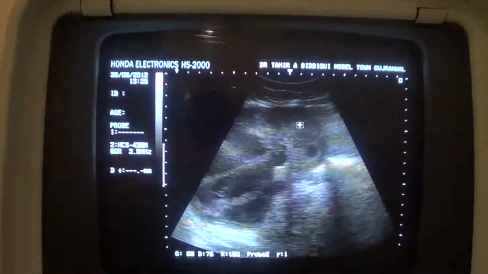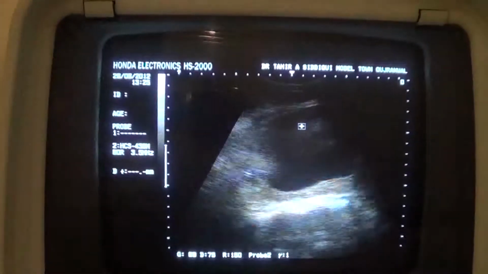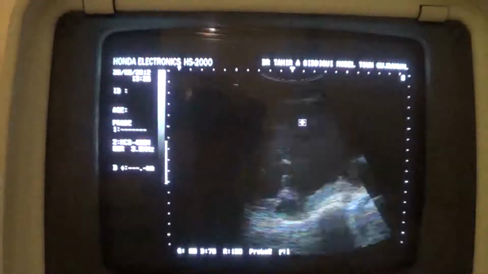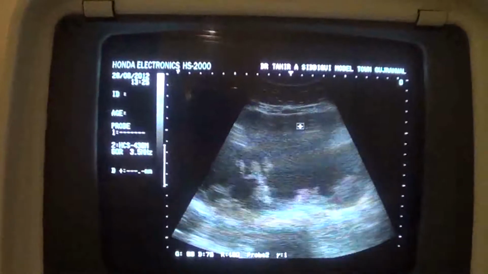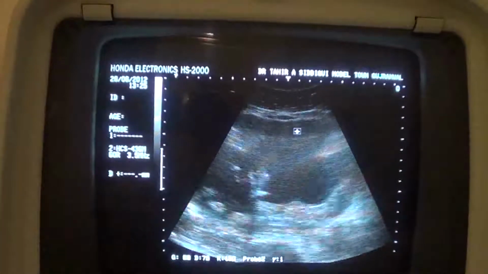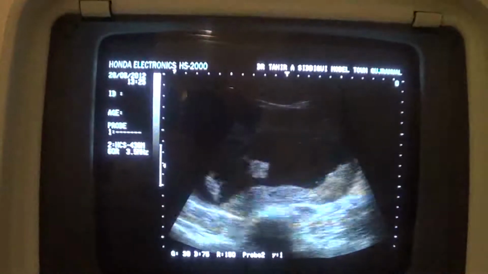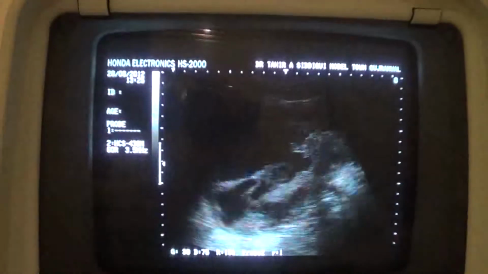And then it is extending and expanding up to the epigastric region with numerous uncountable echogenic solid material seen within it.